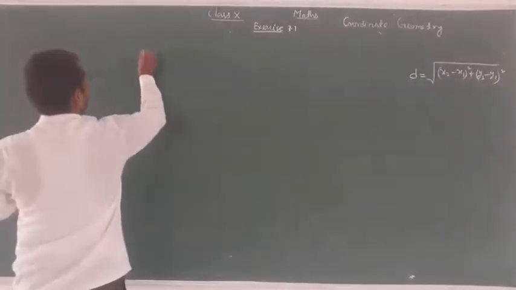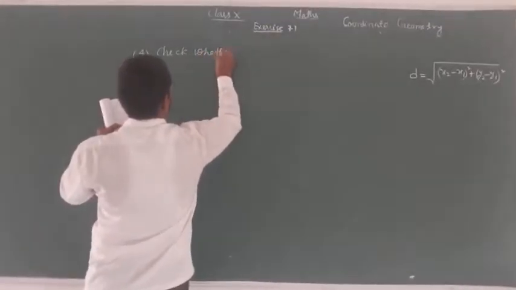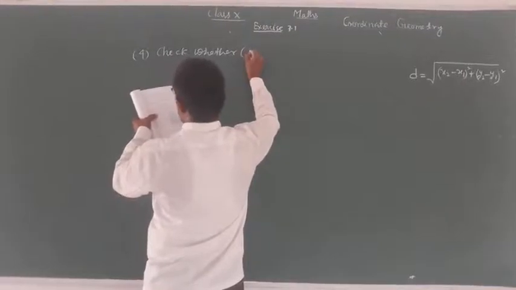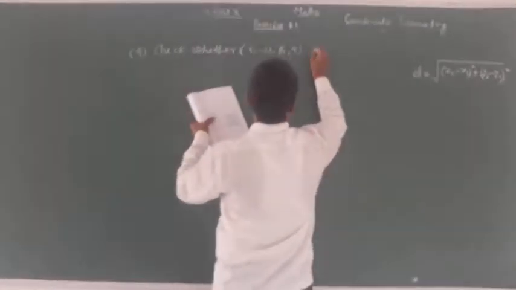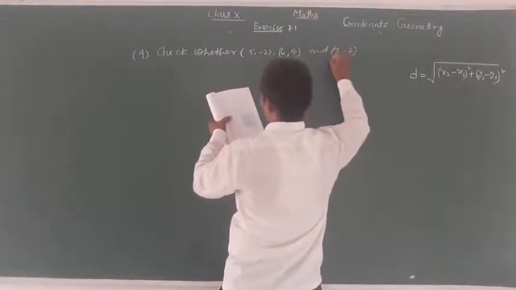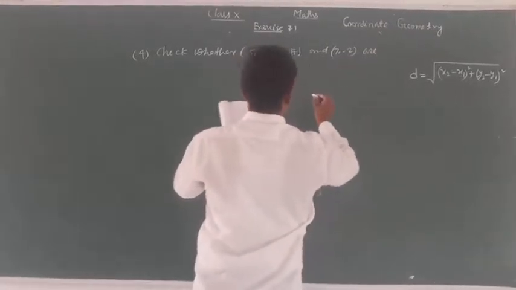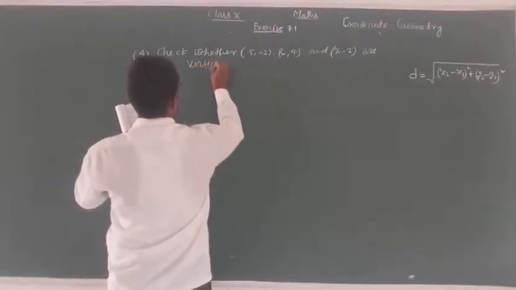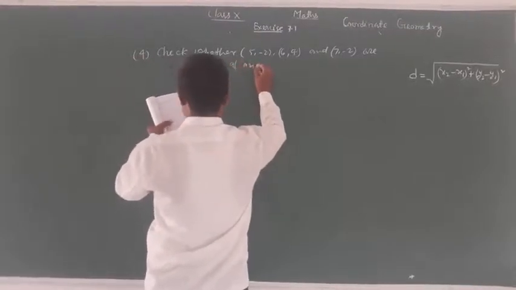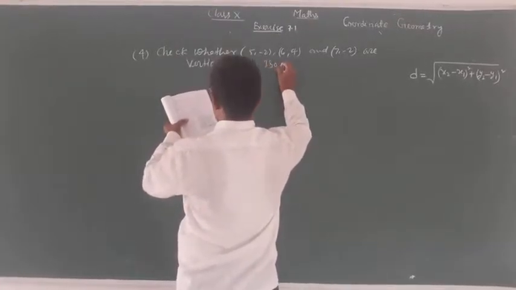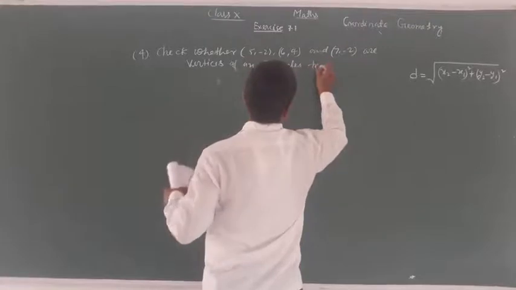Question number 4. Now check whether (5, -2), (6, 4) and (7, -2) are vertices of an isosceles triangle.